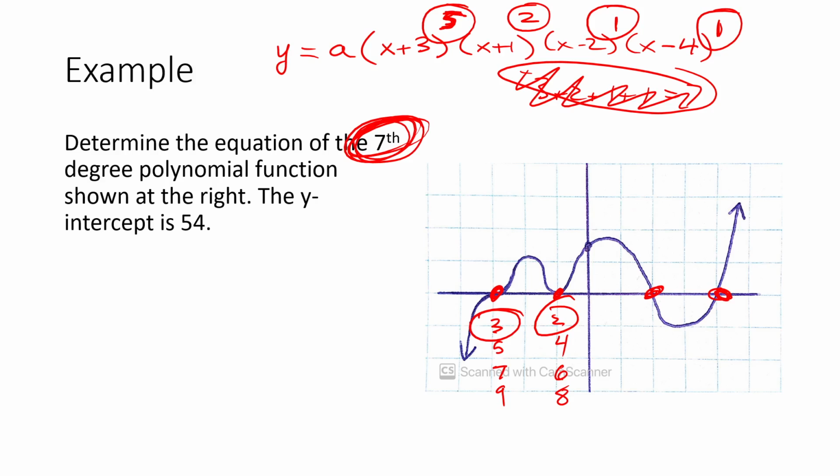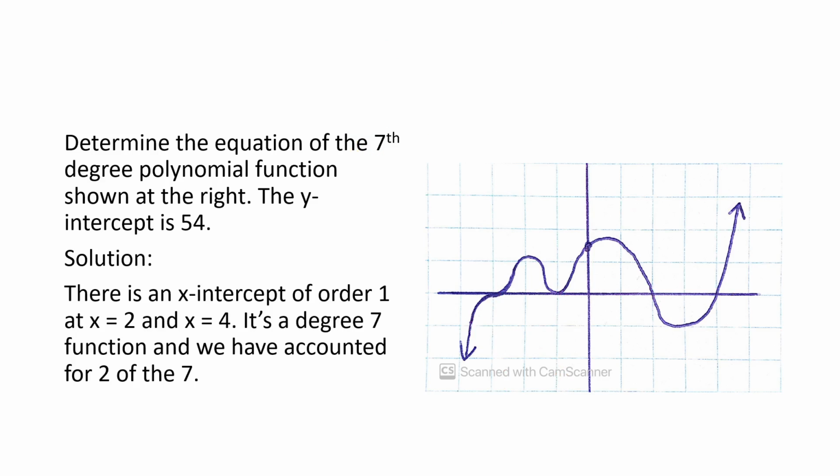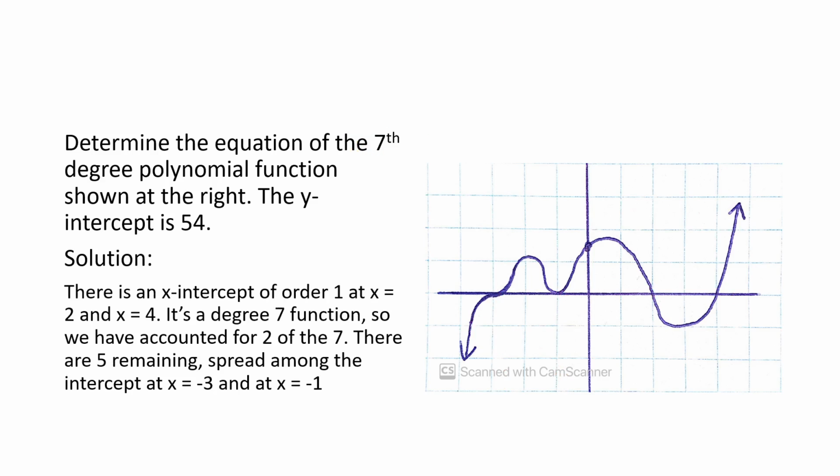Okay, so as we go through the explanation, like it says here, we've accounted for order 1 at x equals 2 and order 1 at x equals 4. So we've accounted for 2 of the 7, with 5 remaining spread among the x-intercepts at x equals negative 3 and x equals negative 1.